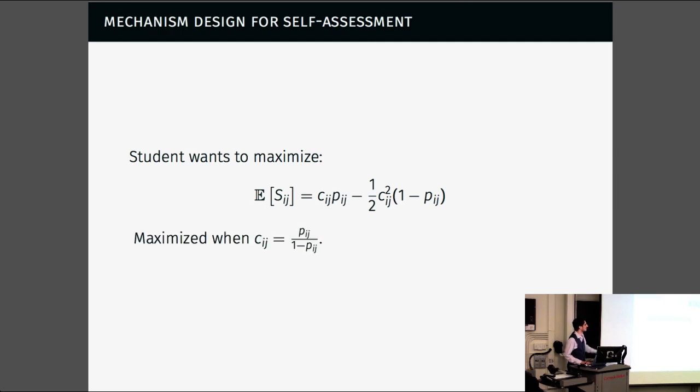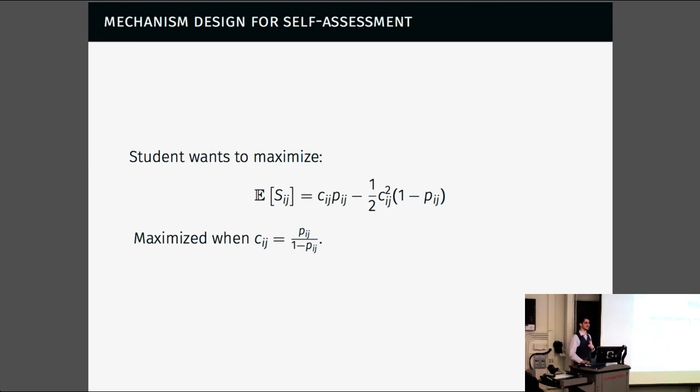We find it's maximized when Cij equals Pij over 1 minus Pij. So basically, this is the odds that the student answered the question correctly. It has to do with their confidence about how correct it would be, right? So this is why we might want this mechanism, because we would get an honest answer for the odds that the student thinks they answer the question correctly.